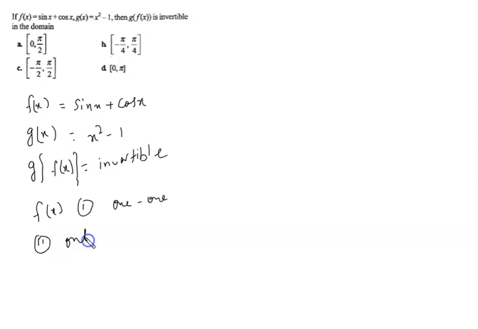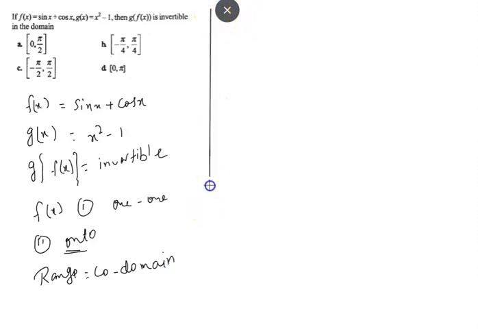We can say that a function is onto when the range is equal to the codomain. Now I am going to solve this further.